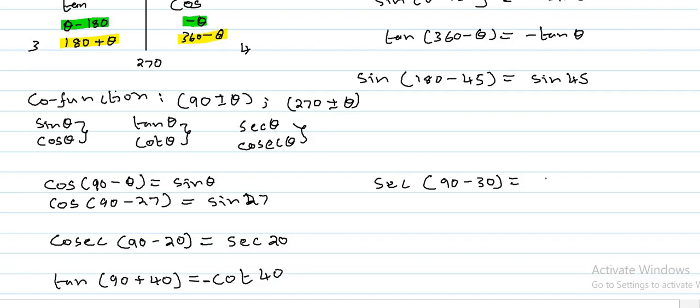So this can be written as cosec of 30. So please keep in mind, remember the cofunction and the reduction formula every time when you are asked to simplify, and also remember the quadrants as well. It's very important. Okay?